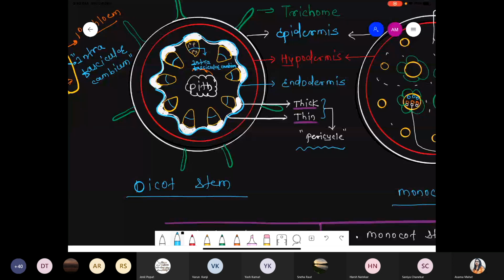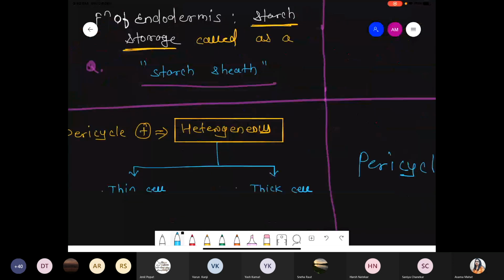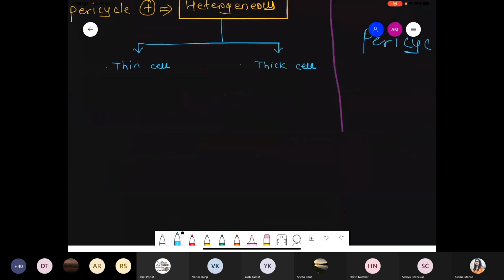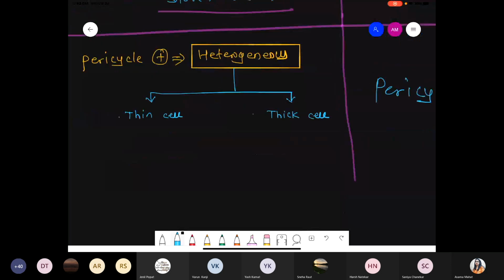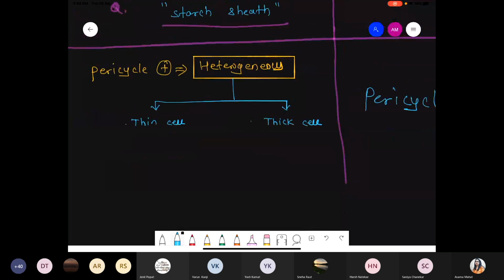So we are talking about, in case of the dicot, pericycle is present, and that pericycle is heterogeneous. Heterogeneous means what? Thin cells are present as well as thick cells. दोनों का combination है.